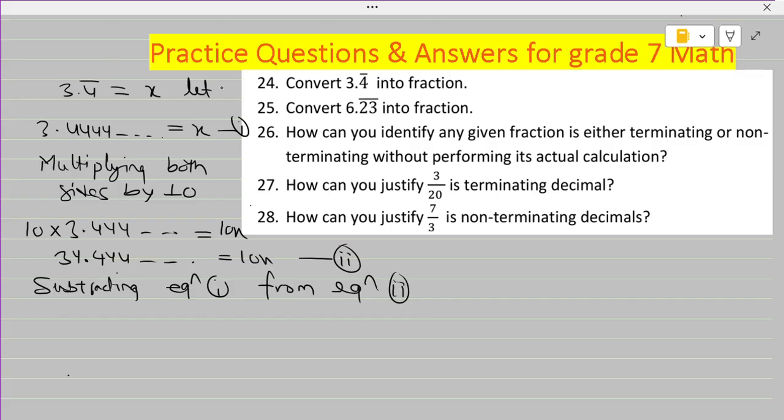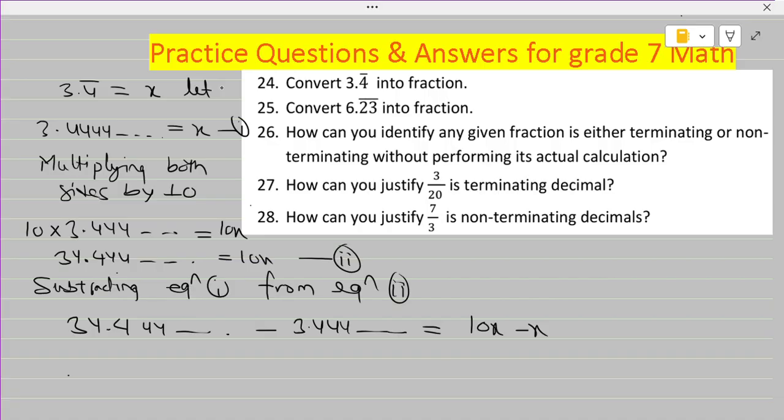In equation 2 on the left side we have 34.444 continually, and from this we are subtracting the left side of the first, that is 3.444 continually, and on the right side of the second equation there is 10x, and in the first there is x. So this way we subtract.